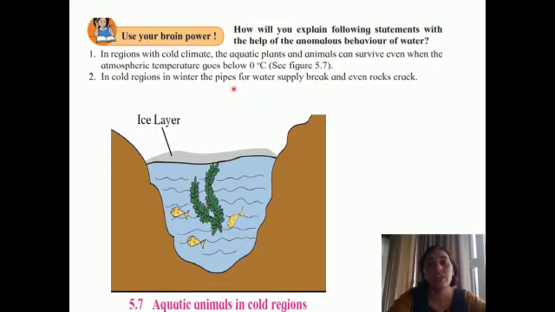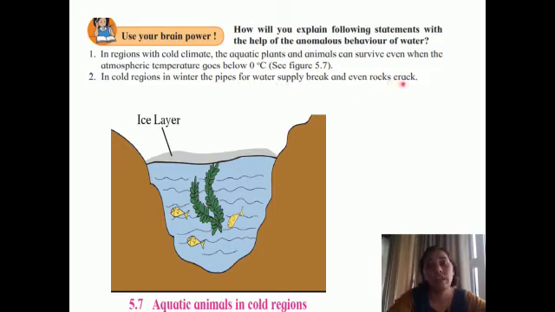And when it expands, it's going to exert a lot of pressure on the walls of the pipe. So as the temperature falls below 4 degrees Celsius, the water, due to the expansion and finally due to the formation of ice at 0 degrees Celsius, exerts pressure on the walls of the pipe, and due to this pressure, the pipelines carrying water supply break.